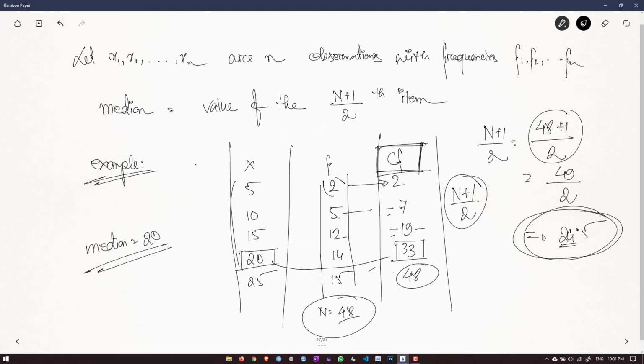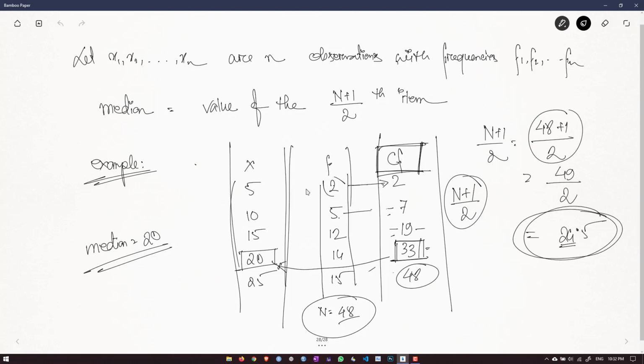Now 19 is obviously less than 24.5, 33 is greater than 24.5. So this is the value that we are looking at. So the corresponding value of x will be your median, right? Now this is the process for finding out median if you have only value of x and corresponding frequency. That means discrete grouped data.